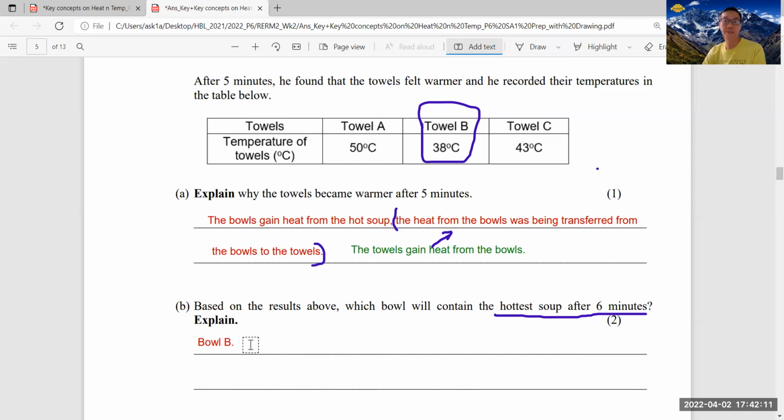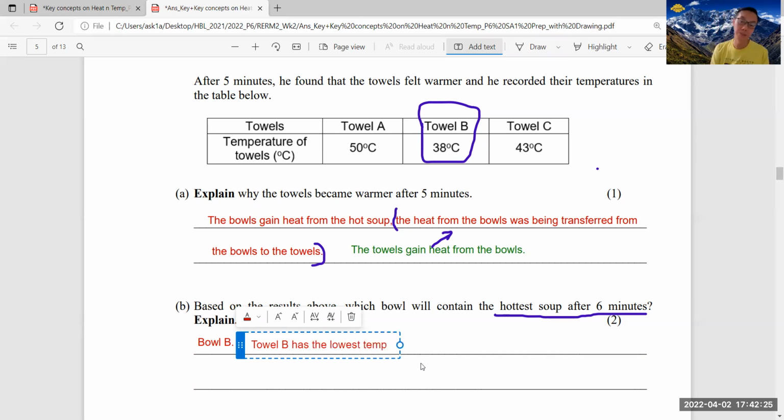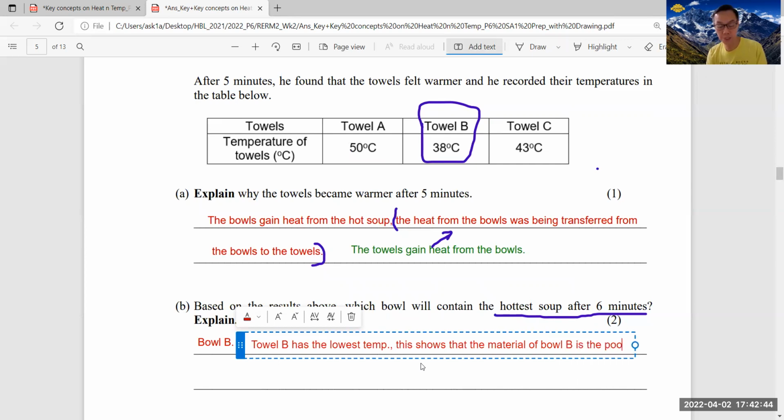So you can say that towel B has the lowest temperature. This shows that the material of bowl B is a poor conductor of heat.